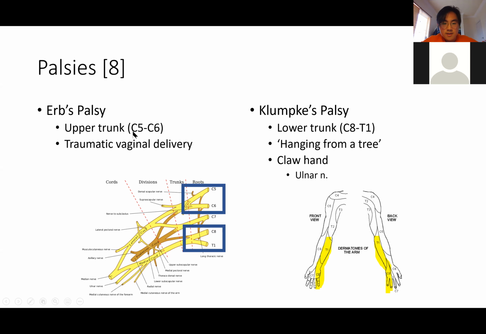Erb's palsy affects C5-C6. Where is that? Okay. What nerves go there? Axillary nerve, musculocutaneous nerve. So you can imagine the symptoms there. Yeah, but just remember that. So just to reiterate, dermatomes can help you figure out what nerves are being affected.